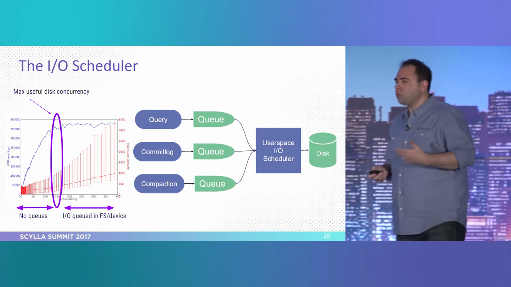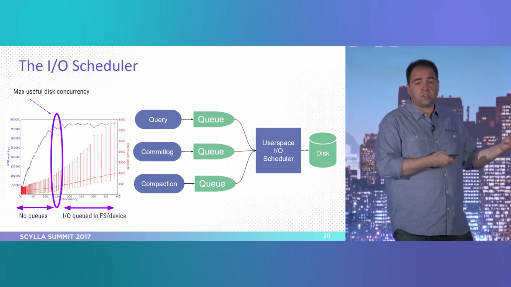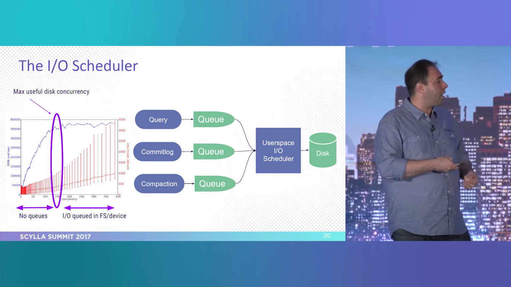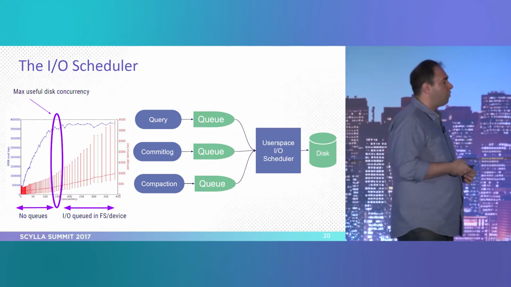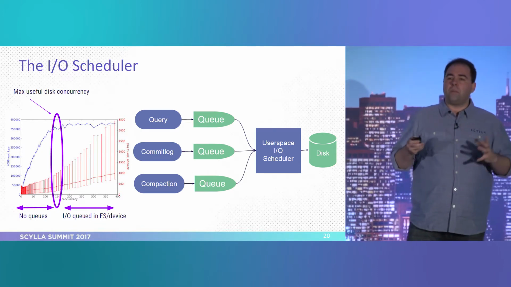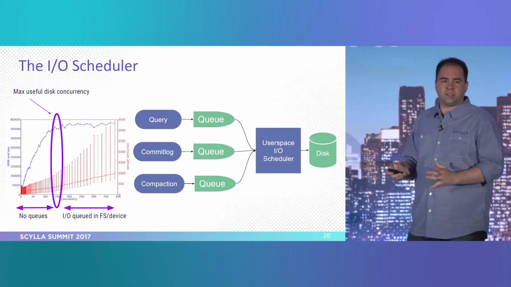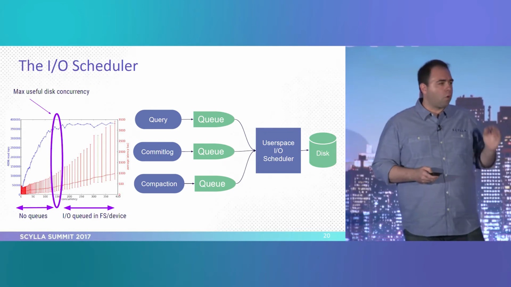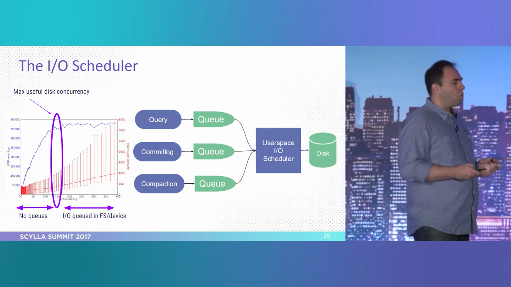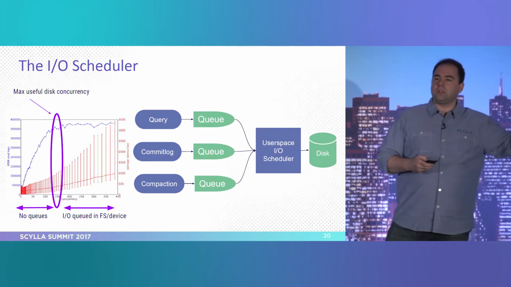And what that allows us to do once they're queued is to tag them. You can see examples of classes that get a tag: query requests, compaction requests, commit log writes, and so forth. So even if you have a compaction that is running and using the disk to its fullest capacity, to 100%, when a query request comes in, we are able to serve it with low latency because the compaction requests are still queued inside the database.